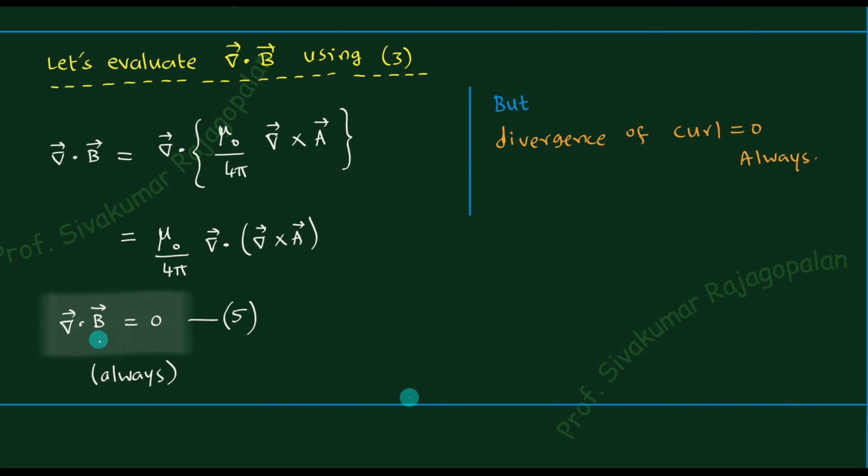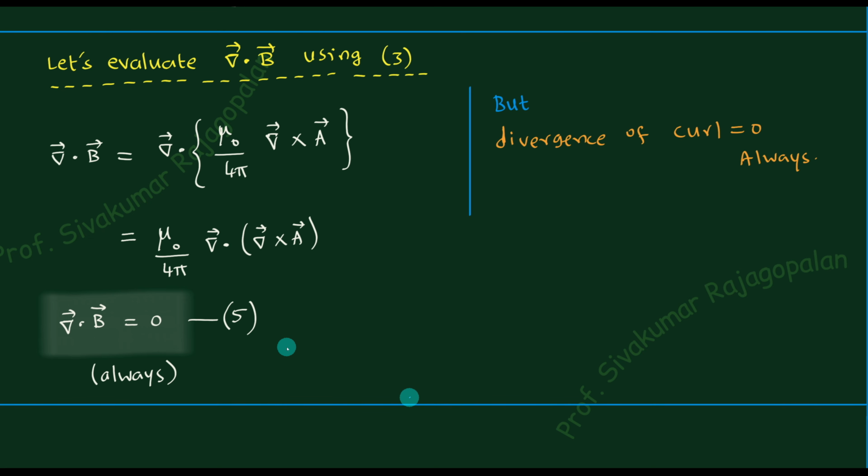And once it joins at the south pole, it again comes back inside the magnet, and once again it's a closed loop. So ultimately magnetic field lines are closed. That is the information you gain from the divergence of B equal to 0. So this is how we perform the physical interpretation for this equation.